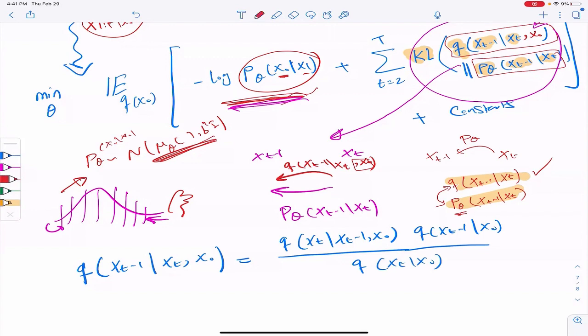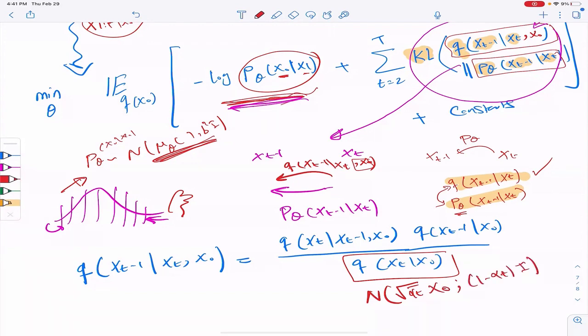So what is this distribution, Q of xt given x0? Gaussian distribution, right? In fact, I have a closed form. That's the square root of alpha t bar times x0. That's my mean, and my variance is this guy.